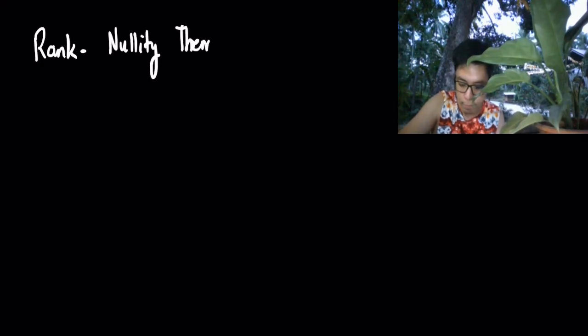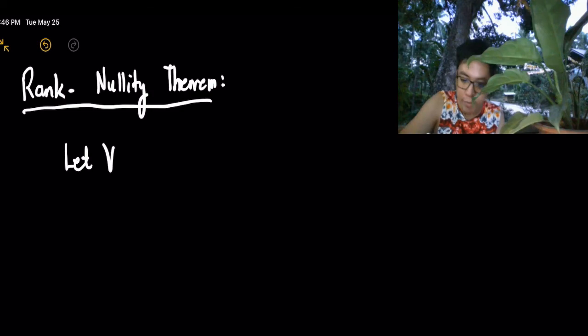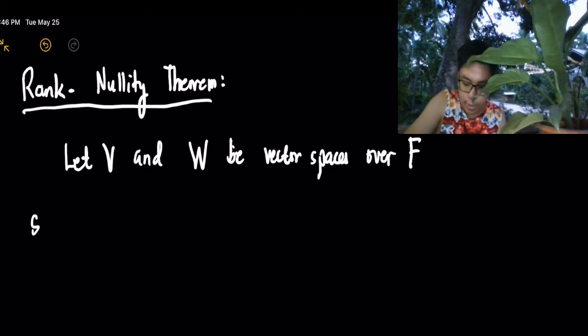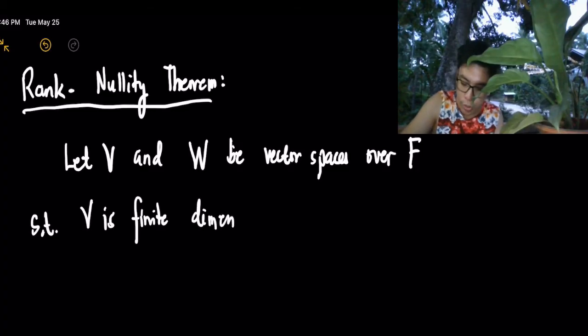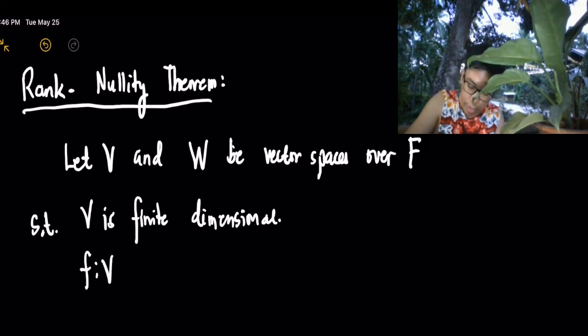We call this the rank-nullity theorem, which simply says that if you have V and W be vector spaces over the field F such that V is finite dimensional, so the requirement here is V should be finite dimensional, and suppose F here maps from V to W is a linear transformation.